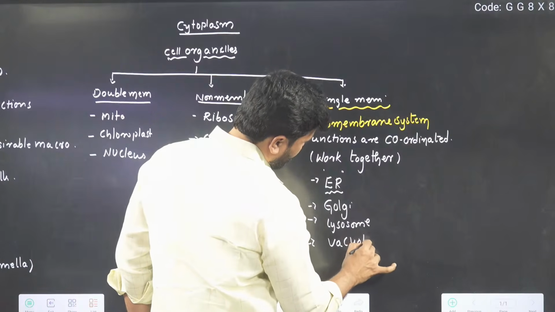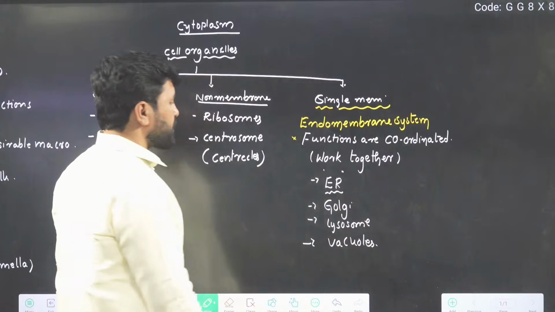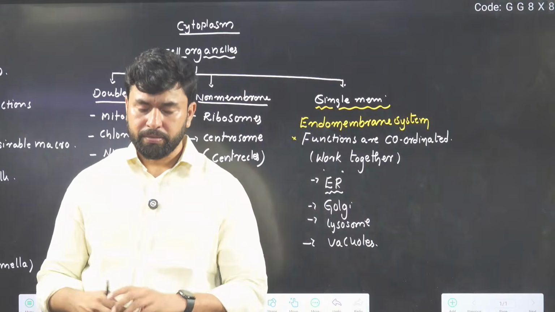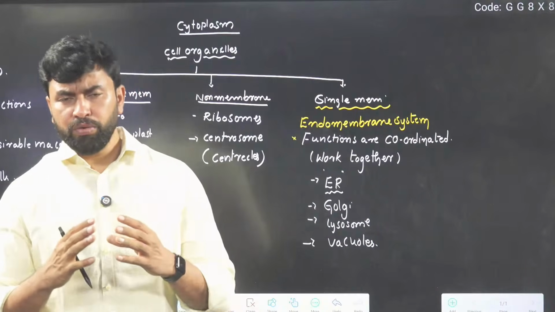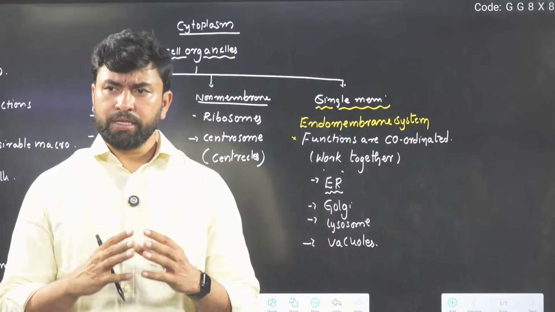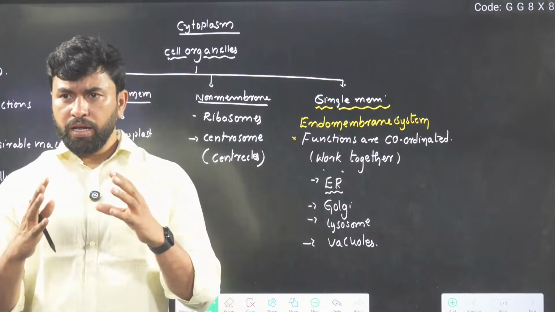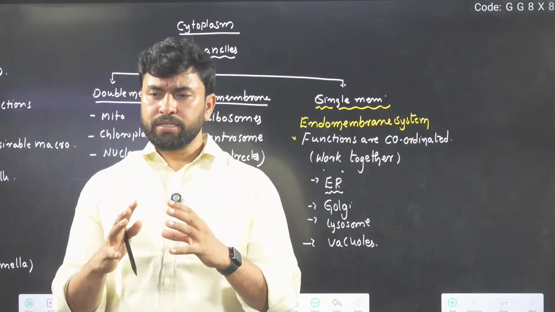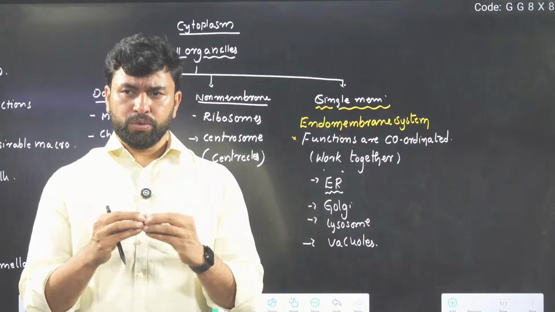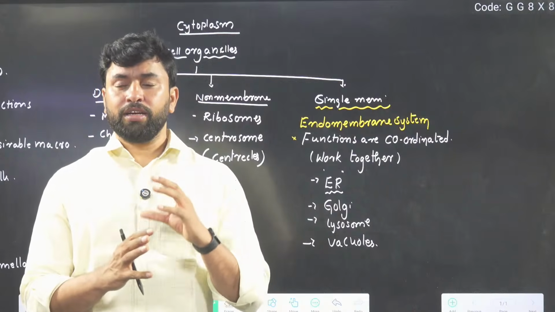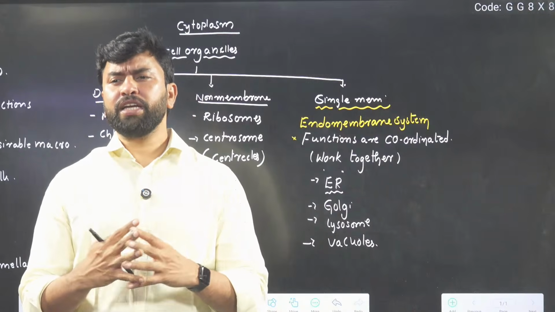These are the cell organelles which are considered the endomembrane system. What does this mean? Whenever you talk about the Golgi complex, endoplasmic reticulum, lysosomes and vacuoles, all of them are present in very close association because they work together to complete a variety of works.